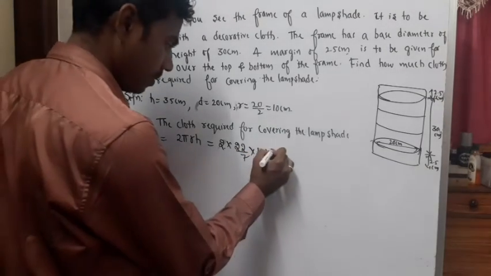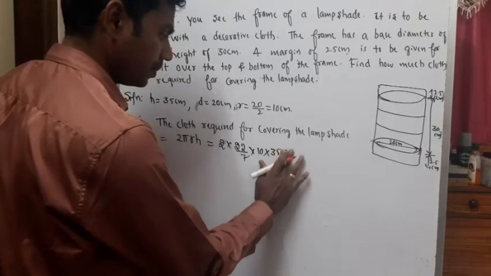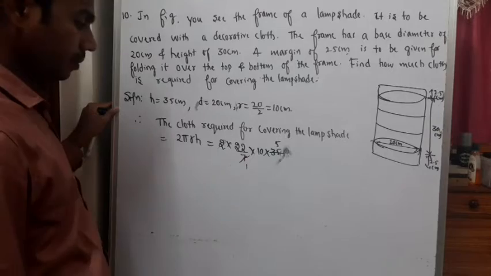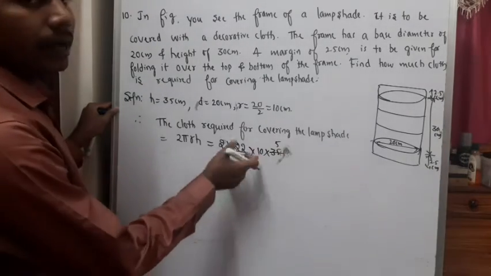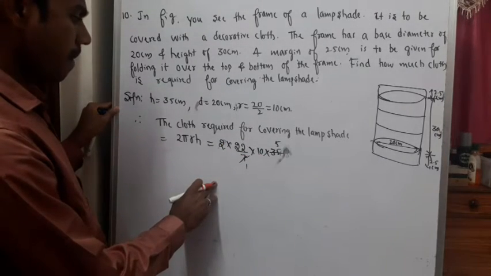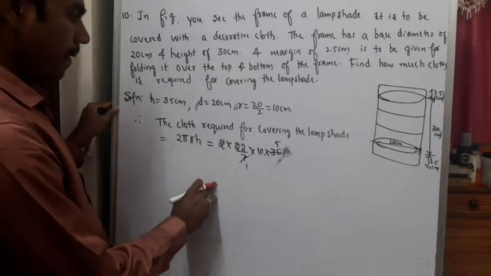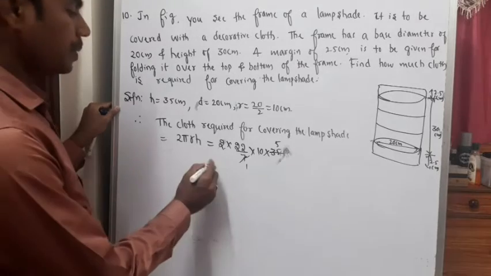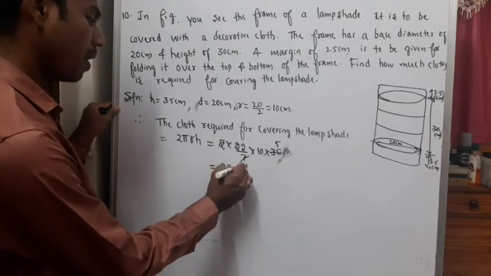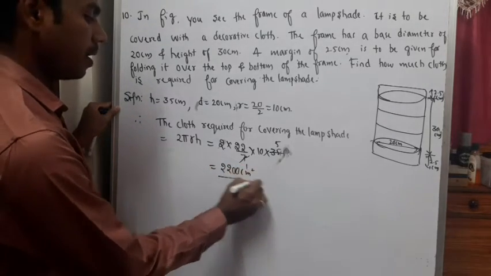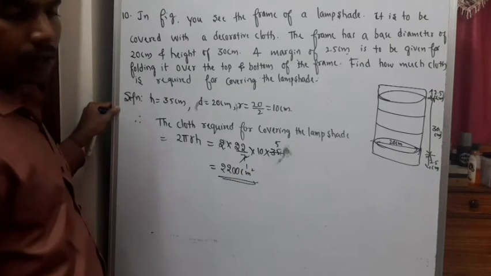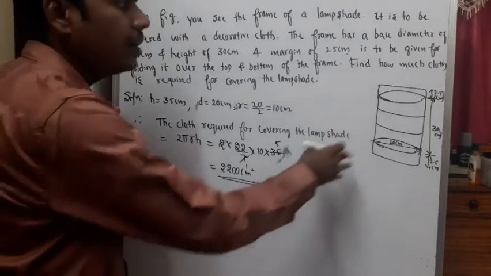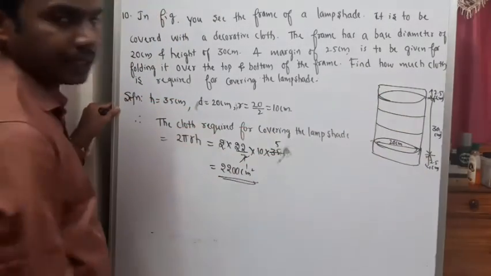Height is 35 centimeter. 7 1s are 7, 7 5s are 35. 2 5s are 10. 10 into 10, 100. 100 into 22, that is 2200 centimeter square. This much cloth is required to cover the entire lampshade.